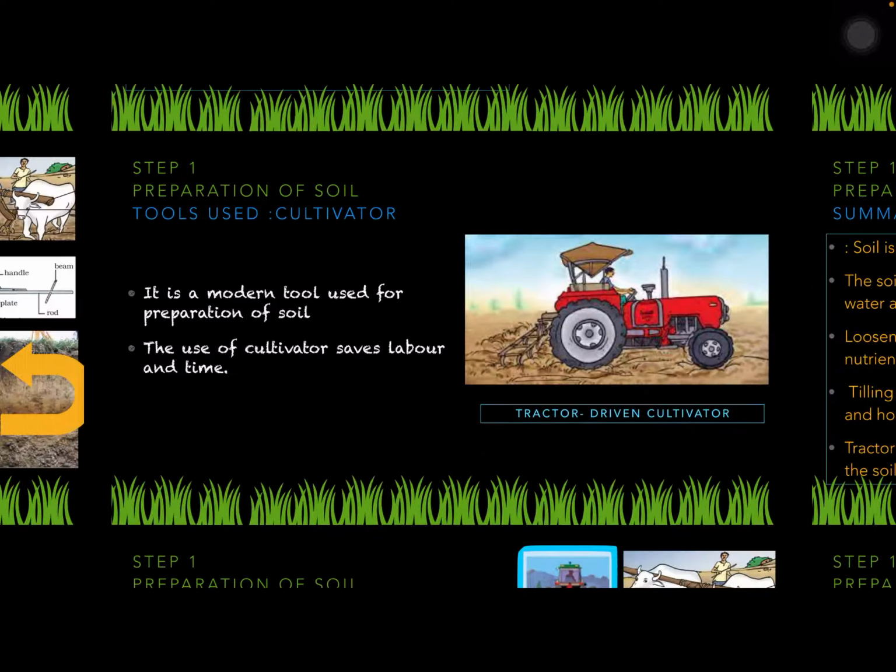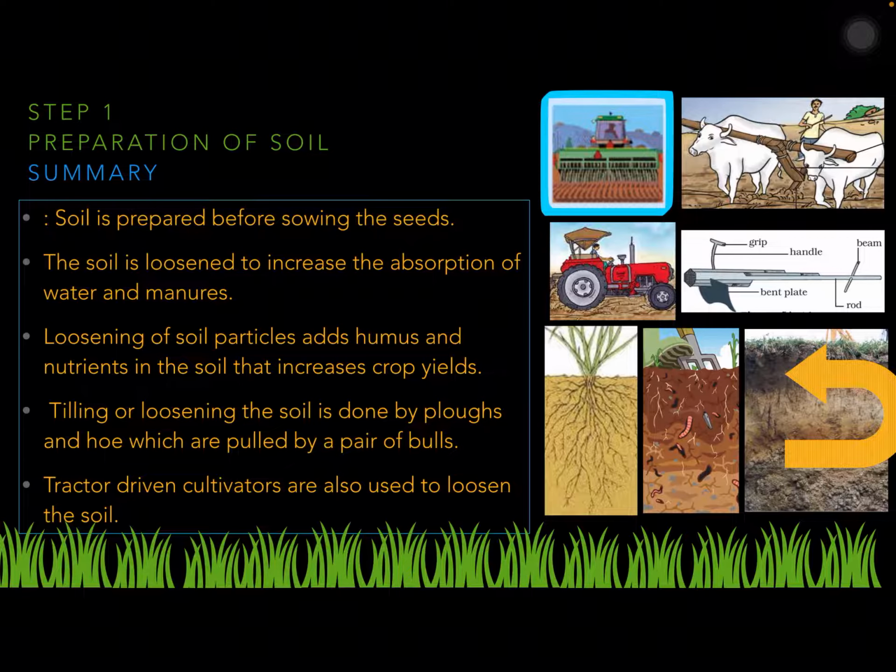So to summarize, the soil is prepared before the sowing of seeds. You don't just sow the seeds like that. First prepare the soil, make the soil ready for the sown seeds to grow. The soil is loosened to increase absorption of water and manure. Loosening of soil particles adds humus and nutrients in the soil that increases crop yields.